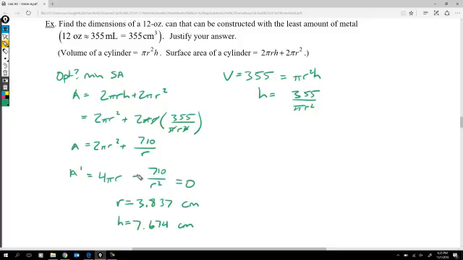A lot of the time, when you get to this point, you're only going to have one answer. In this case, one answer for r, and I know that this is a minimum because it's the only critical number that I had. And it has to be a minimum because that's what I'm trying to find. Other ways you can verify is by looking at a graph in your calculator just to make sure.